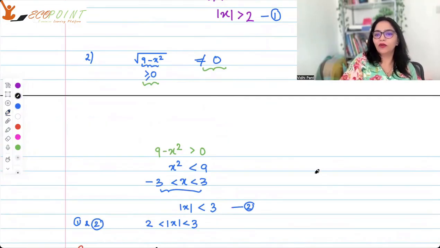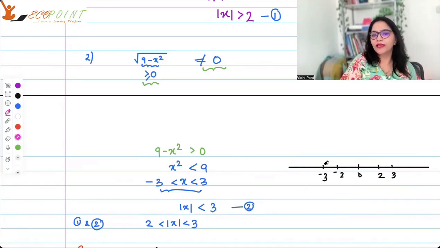So if I now draw the number line, suppose this is 0, this is minus 2, this is 2, this is 3, and this is minus 3. What we got from the first condition was everything between minus 3 and 3, and from the second condition, what we got was the extremes beyond minus 2 and 2. So the common part is this and this.